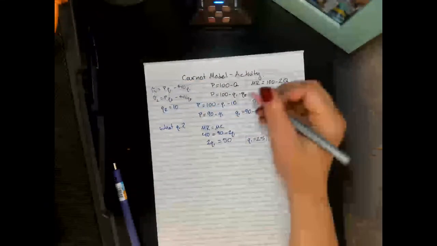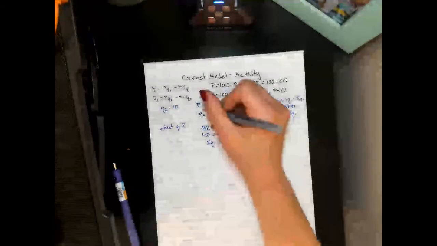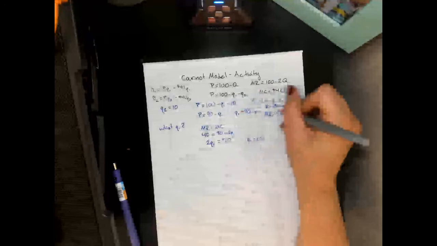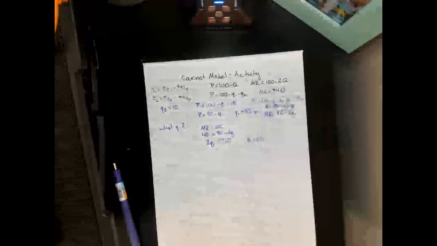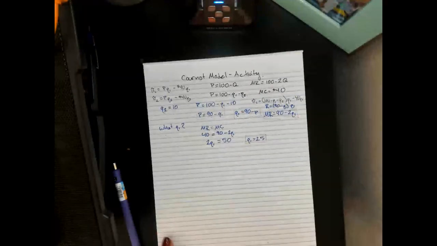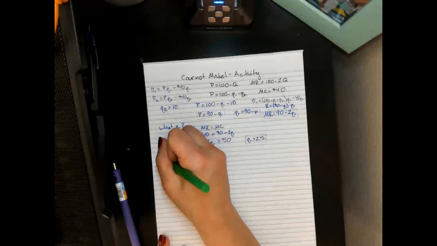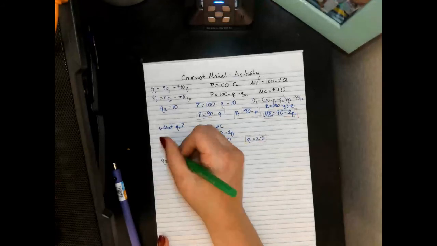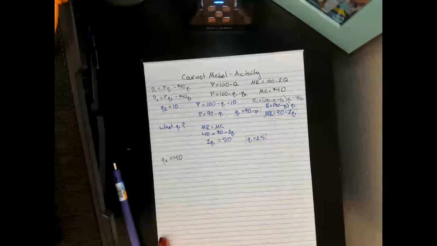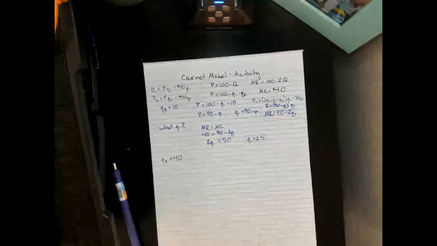Okay, so now I've got my inverse demand function, my demand function, and my marginal revenue curve. Now part 1B says, what if Q2 is equal to 40? This is the one that's not in the book, but now that we know how to solve it, we can go from there, right?